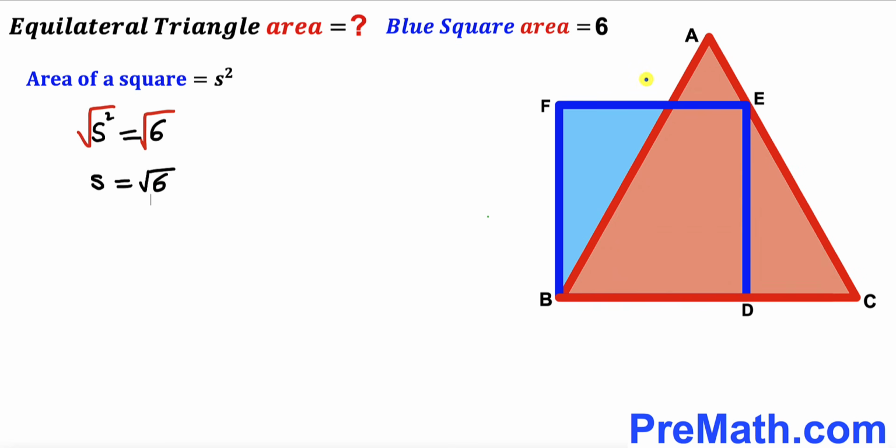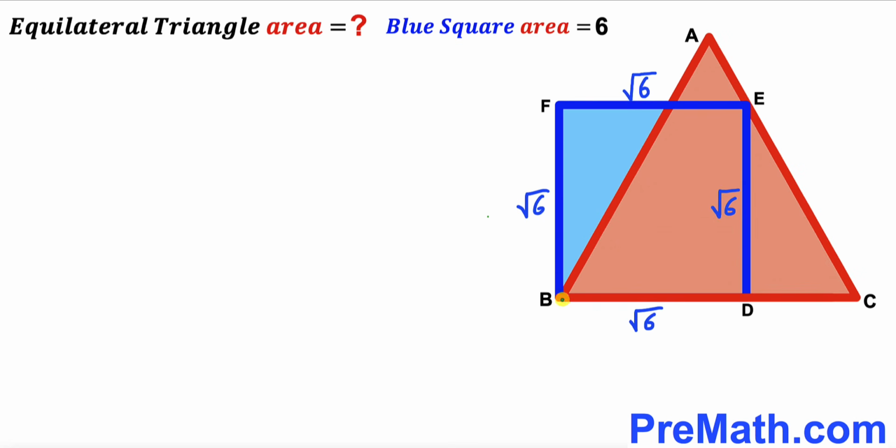So therefore the side length of this blue square turns out to be square root of 6 on all four sides. Now we can see this BD segment length is square root of 6. And we know the whole BC is the side length of this equilateral triangle ABC.